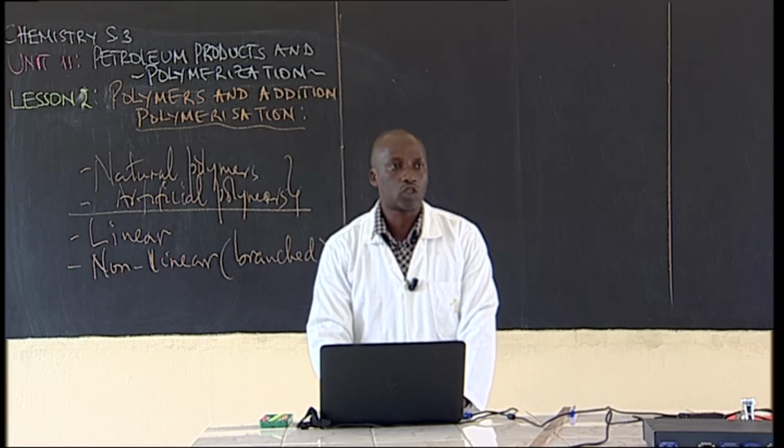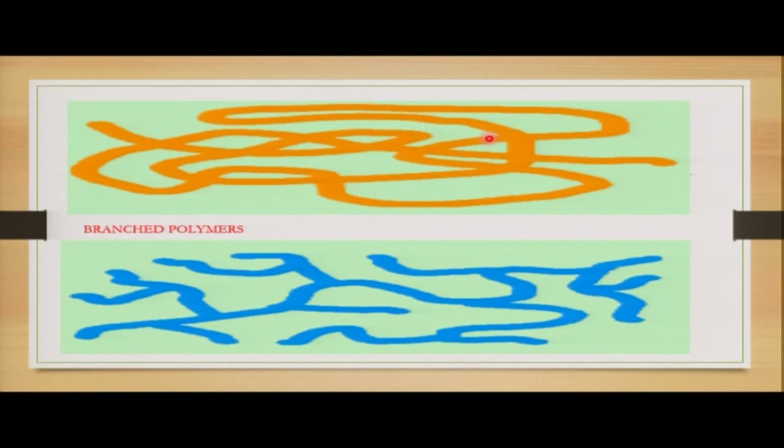When you look at this one, you may think this is not linear, but this is a linear molecule. You move like this, like this, and at the end of the day, this is one end, this is another end. So it may not be in a straight form, it can be in zigzag, but in the form of a chain.